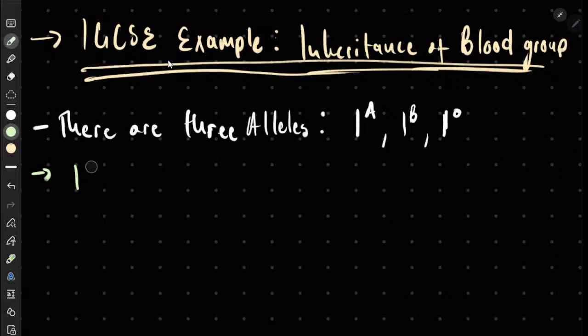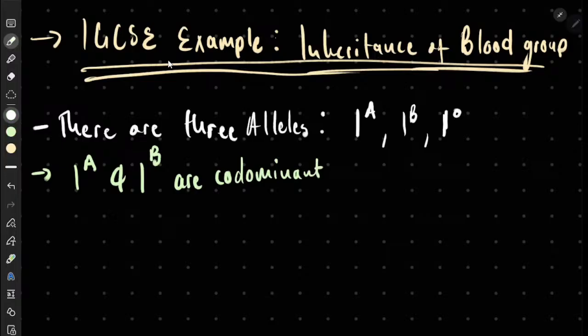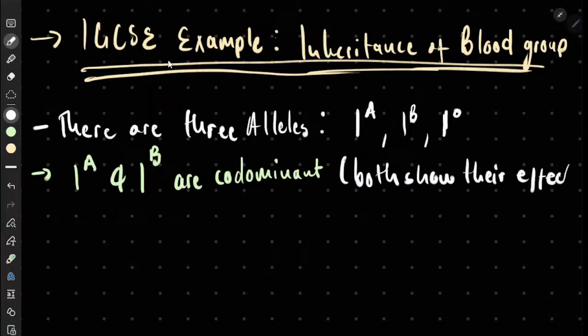IA, blood group A, and IB, blood group B, are codominant, which means they are both dominant. So when they come together, they will be codominant. What does it mean? Both show their effects when present together. Okay?